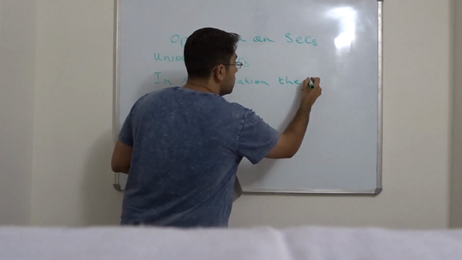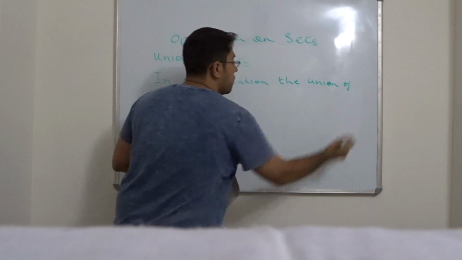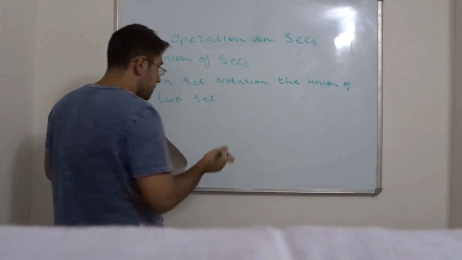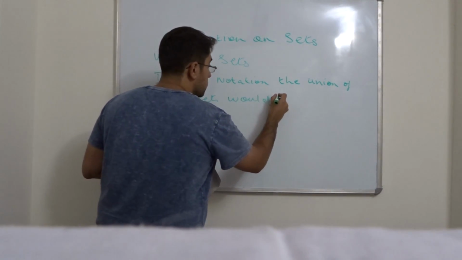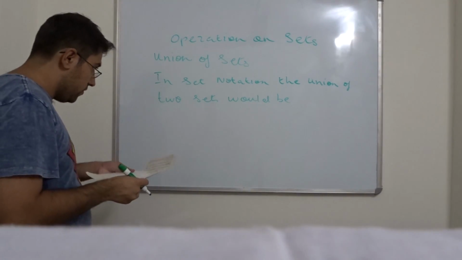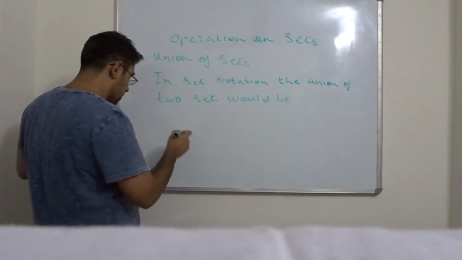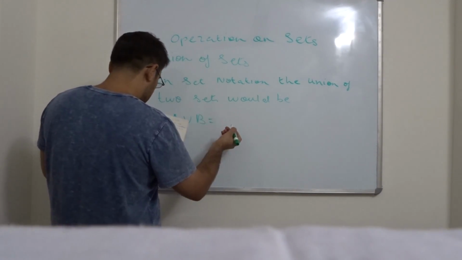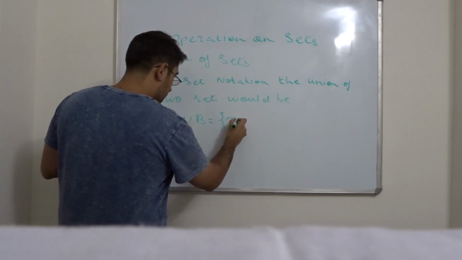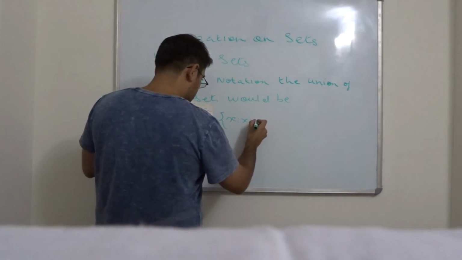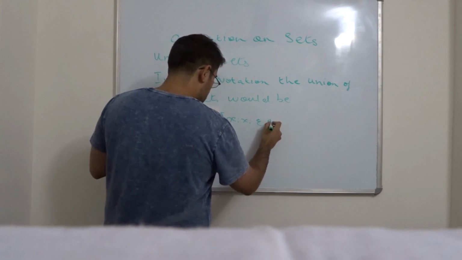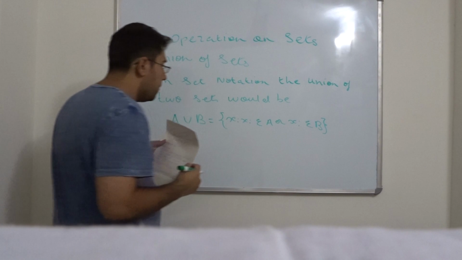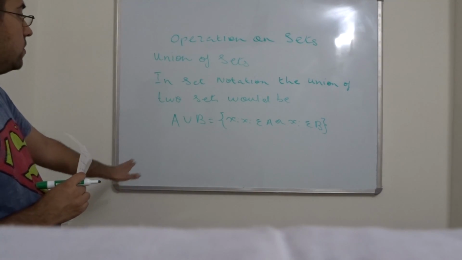The union of two sets is going to be like this: A union B equals the set of x such that x is an element of A or x is an element of B. So this is what it is.